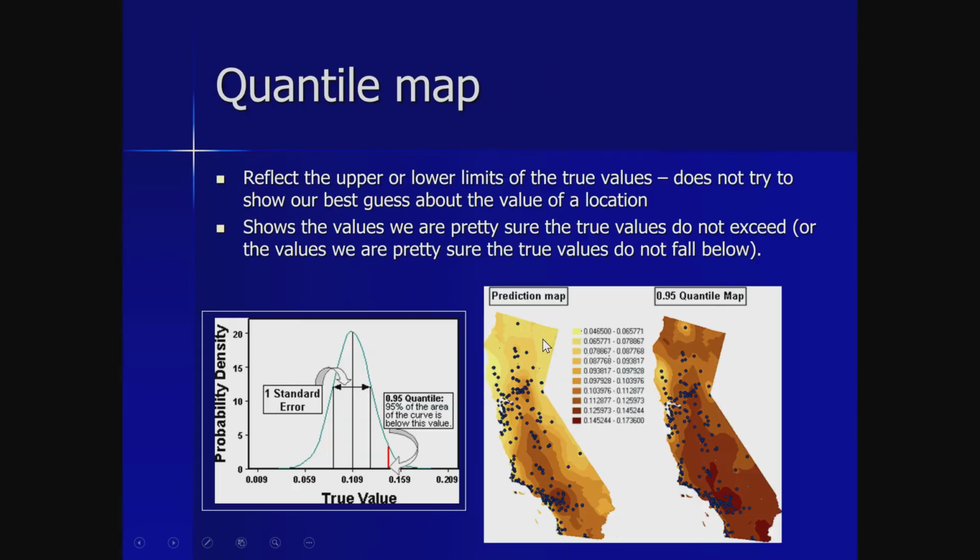So this map and this map are the same, but this is the 95% quantile map. In other words, we are 95% confident that the true value is that value or lower. If this represented pollution, in fact, there's lots of fires in California right now.